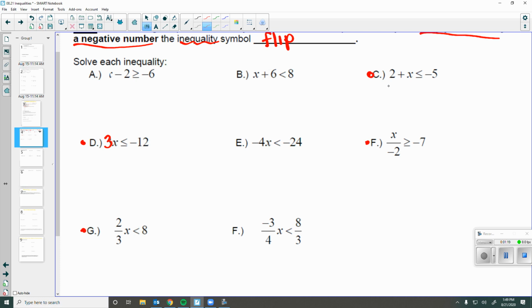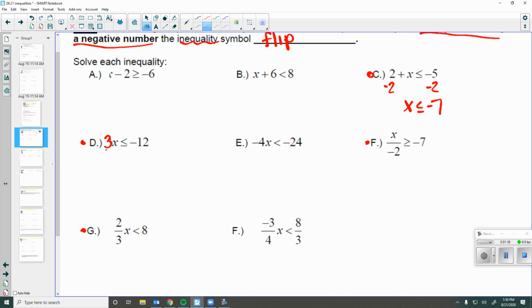Okay, so for C, we're solving it just like normal. We're subtracting 2 on each side, and it's x is -7. The sign doesn't flip because we didn't even multiply or divide in that inequality.